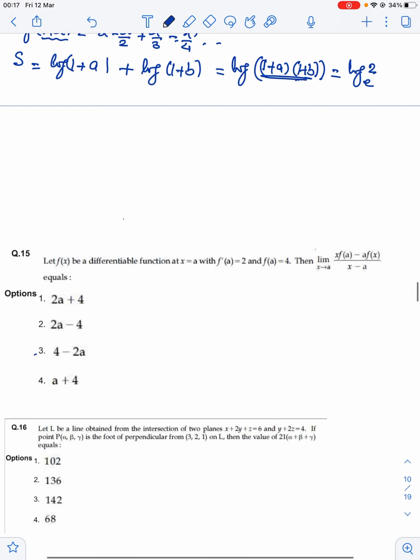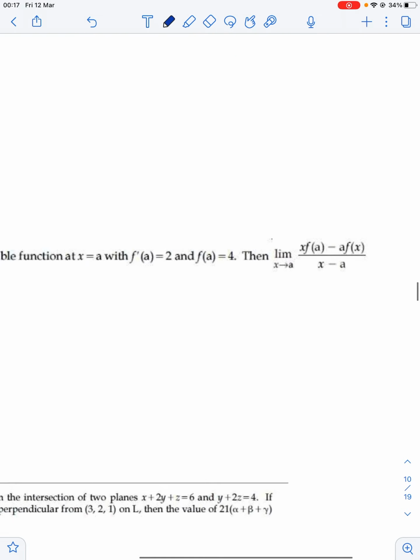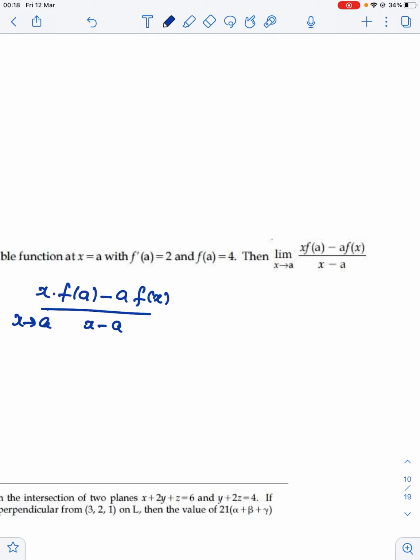Question number 15, an easy question of limit. We have to use L'Hospital's rule. Now x f of a minus a f of x by x minus a, x tends to a. Obviously when I put x equal to a, the numerator becomes a f a minus a f a, 0, and the denominator is 0.